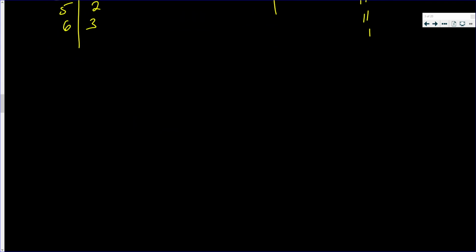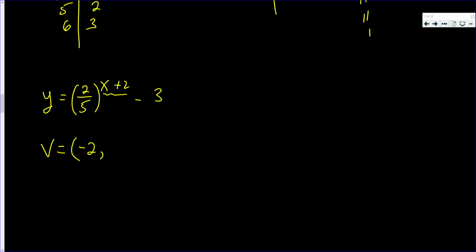What if we wanted to graph y is equal to 2/5 to the x plus 2, minus 3? So what's the vertex? What makes that 0 is x being negative 2. What that says is negative 3.